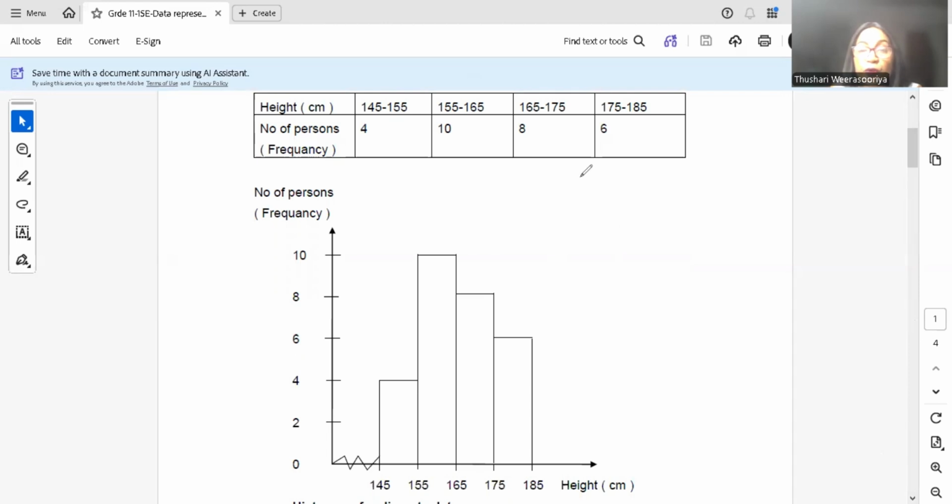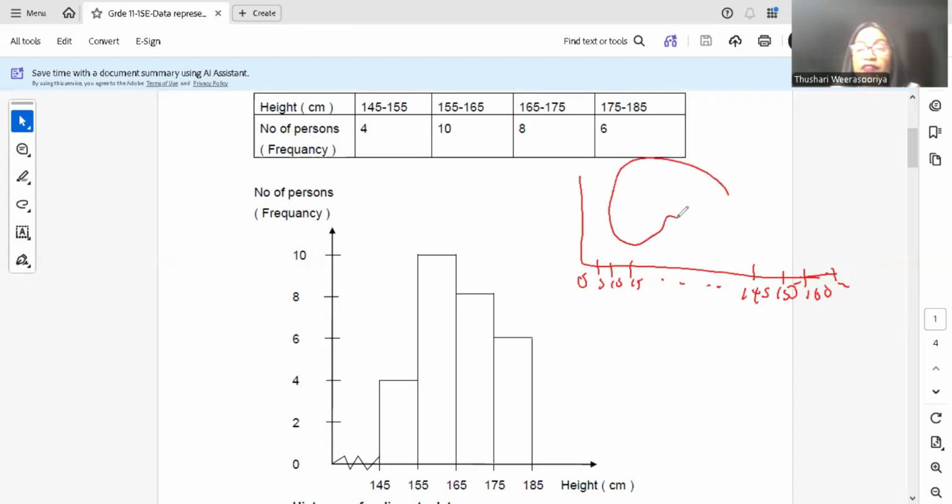If you draw the correct scale, 0, 5, 10, 15, and so on, only at 145 are we starting the data, then 155, 160, 165, like that. So we wasted our valuable time marking the scale, and wasted the space also.